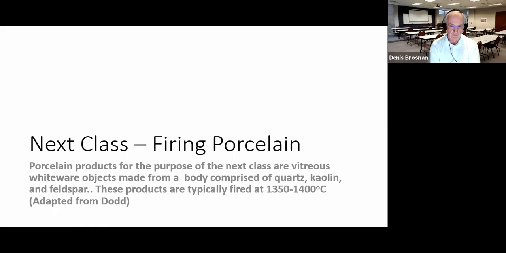I've also tried to make a connection between slowing down on cooling through dehydroxylation as we evolve water vapor and have carbon dioxide being formed from binder burnout. Also tried to talk about initial vitrification and how this can be a complex situation.